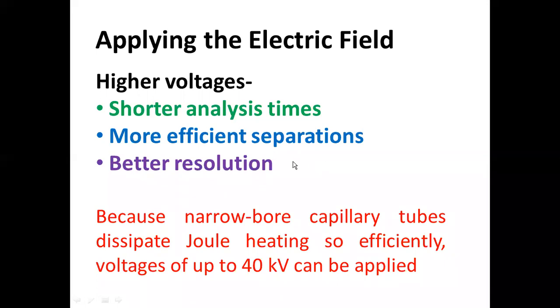If you apply greater voltages, the number of theoretical plates obtained will also become high, and consequently the resolution can be excellent. Therefore, what value of voltage is applied is very important. Normally 20 to 40 kilovolts is required for the efficient separation of the solutes by the electrophoretic technique.